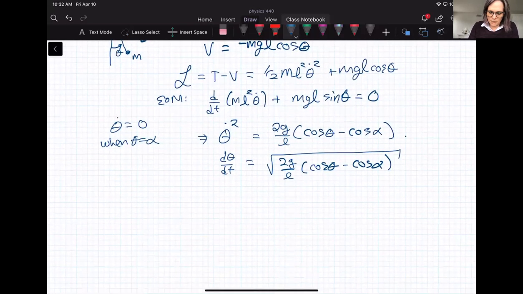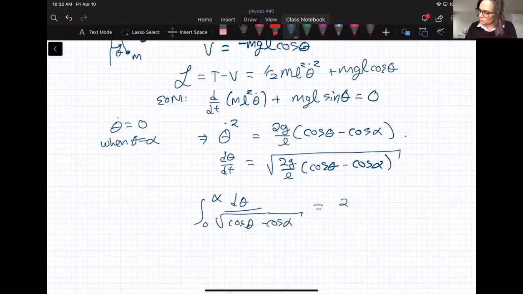That's not necessarily obvious, but we're integrating from 0 to alpha d theta over the square root of cosine theta minus cosine alpha. That equals the square root of 2g over L times T, where T is, right now, basically 1/4 of a period.